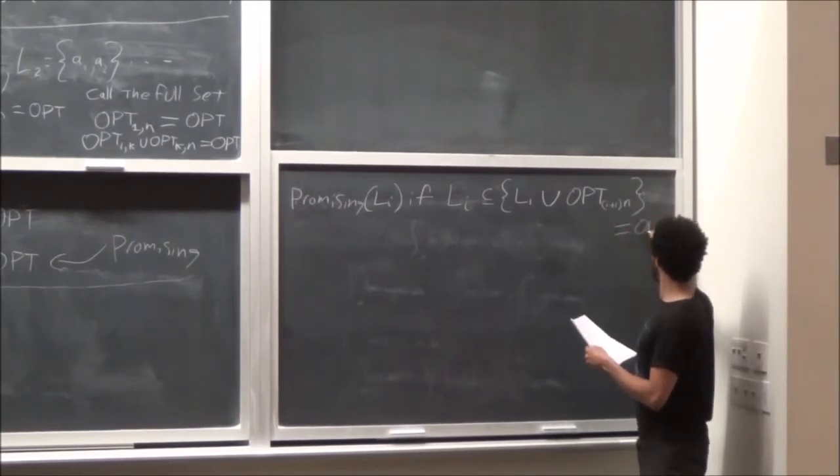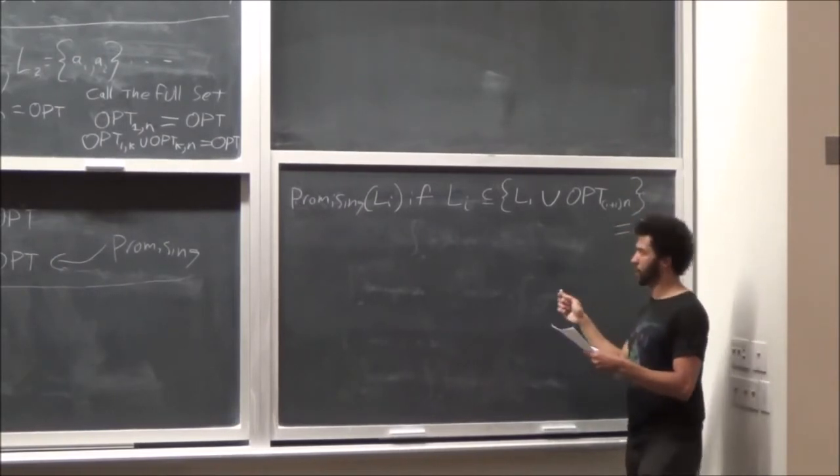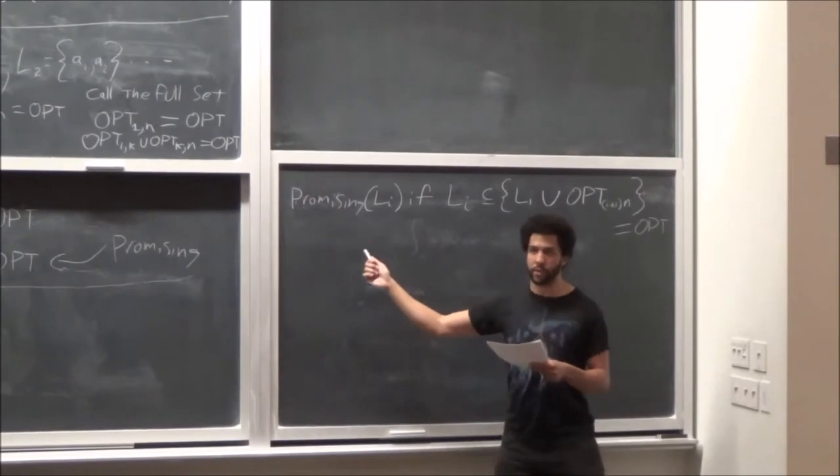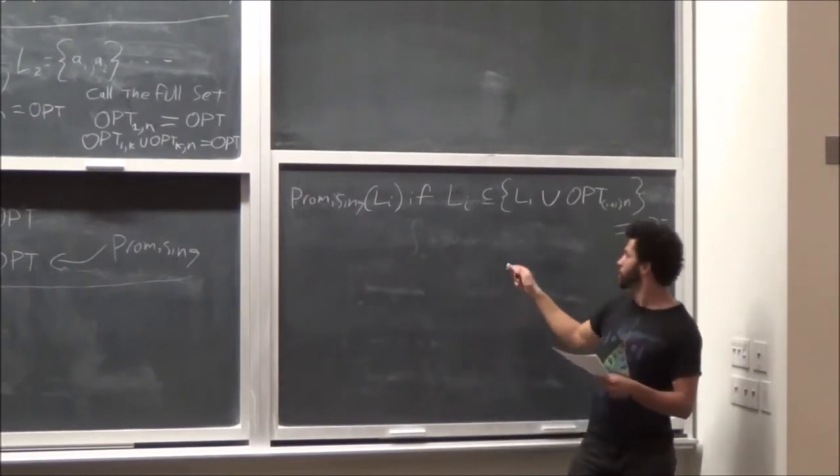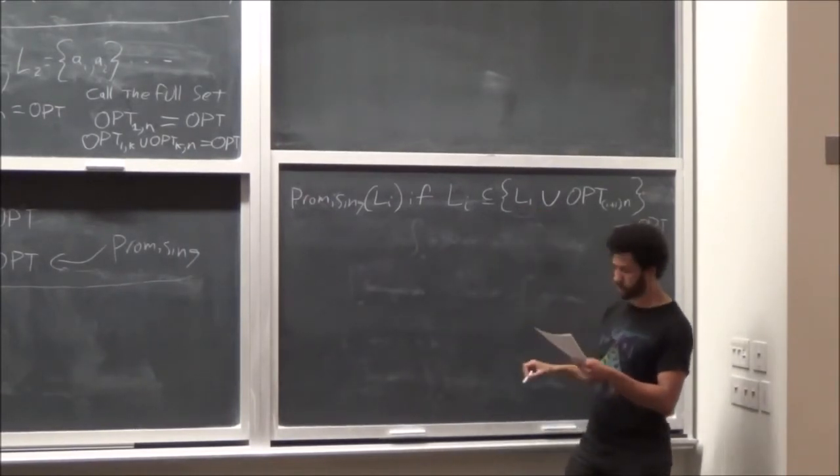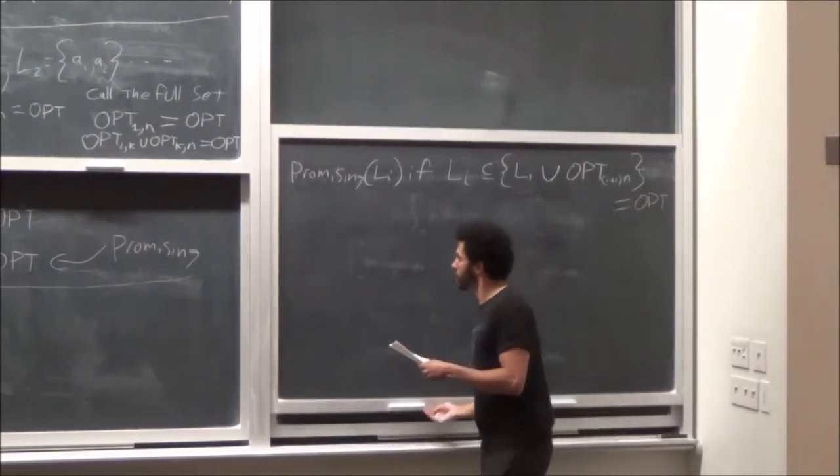Does that sort of make sense? Because we're going to use this function. It just means that this bit here, Li, is optimal. So what does this mean?